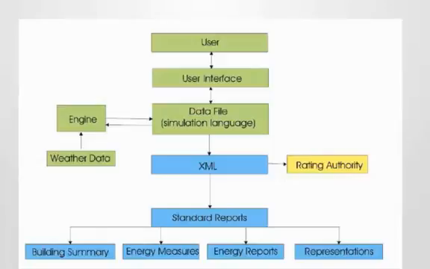As well, COMNET specifies 4 standard reports. These are the reports to be generated in print format. For these 4 reports, we have a building summary, which is summary information such as the project address and so forth. Energy measures, which are a user-defined set of efficiency measures for things that exceed code minimum or exceed the program defaults.